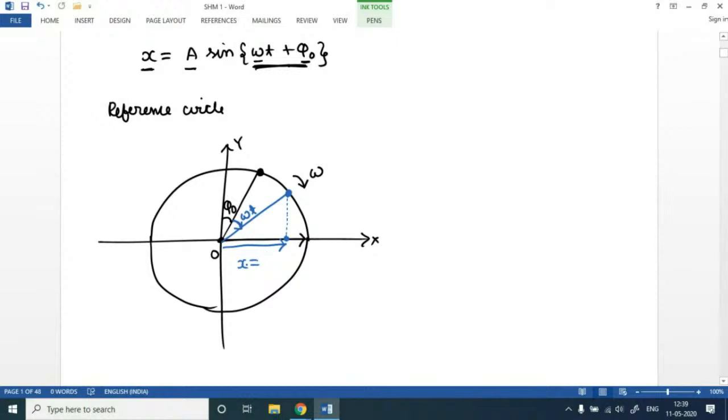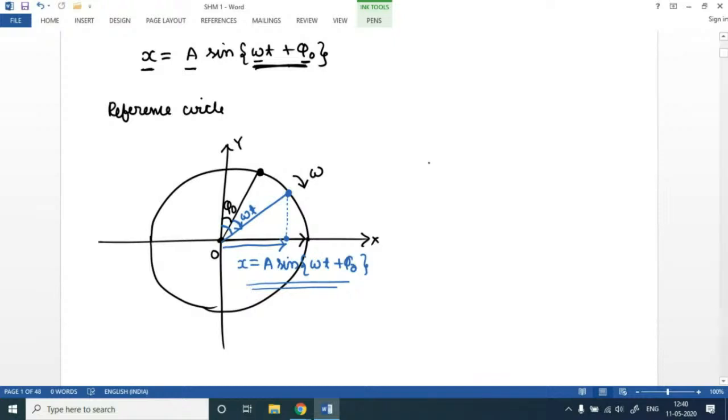You can clearly understand that, since this whole angle is ωt + φ₀, x you can write as A sin(ωt + φ₀), where A is the radius of the reference circle. Looking at this expression, you can say that as the particle moves on the reference circle with constant angular speed ω, its projection on the x-axis executes SHM about the origin with angular frequency ω and amplitude A, obviously.